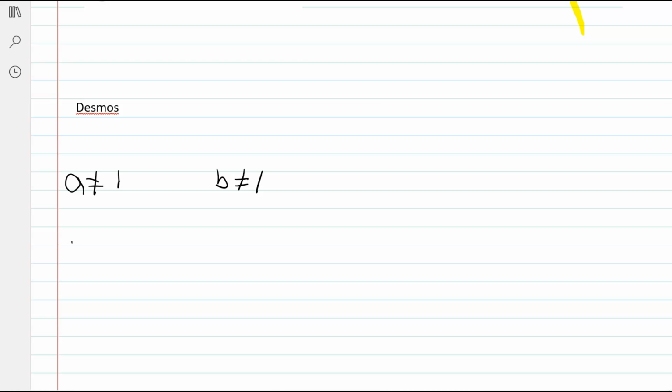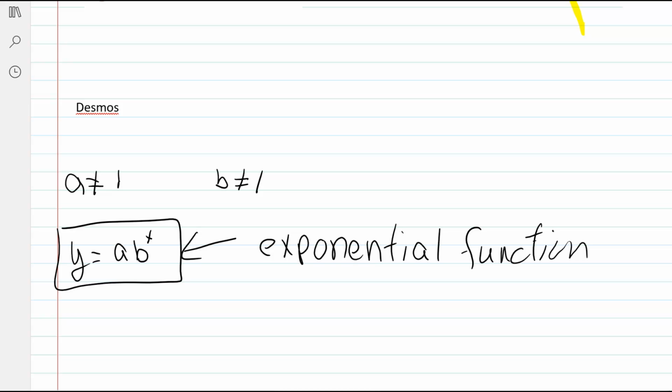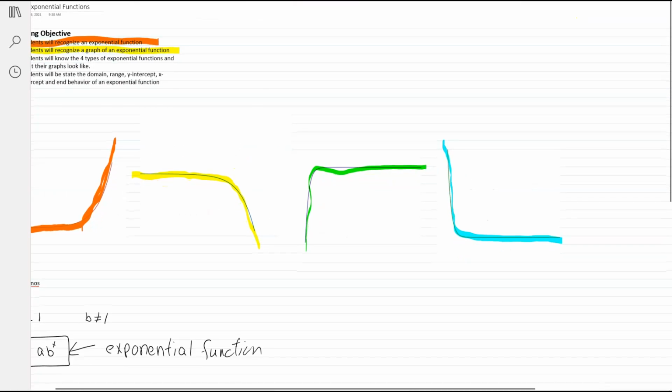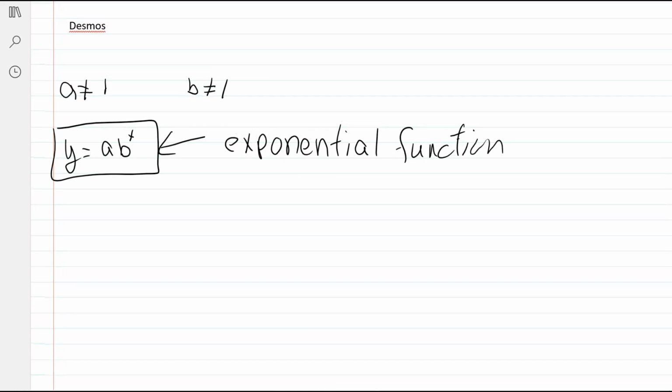And by the way, remember that I started off with this. This is the general form of an exponential function. Remember, just like we had that y equals 3x or whatever it was, that's our general form of an exponential function.